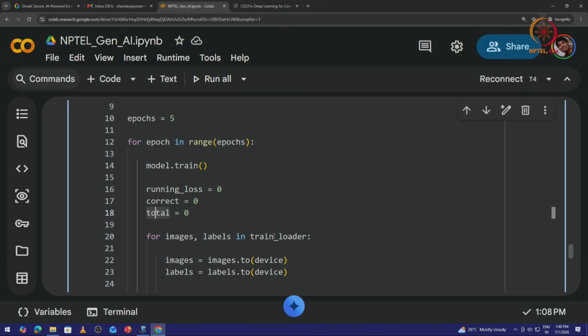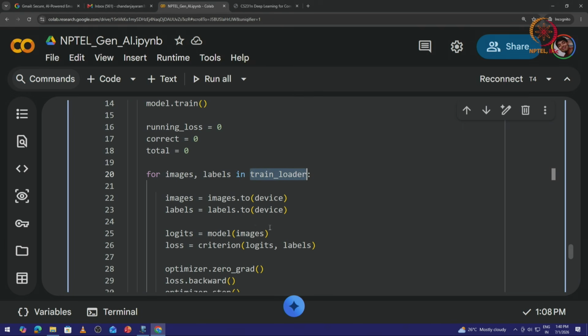But there, all the examples were taken at once. Here you cannot take all the examples at once; you have divided them into batches. Therefore you have to do it batch-wise, so you iterate over the train loader. Each time it gives you the images and their respective labels, you port them onto the device, perform the forward pass, and compute the loss.